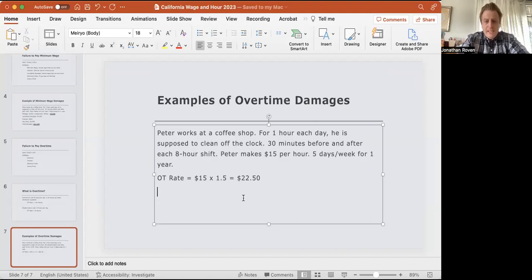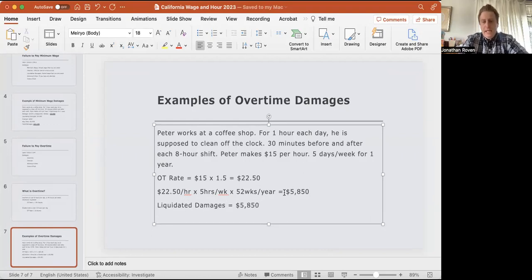Using that number, you're going to have your $22.50 per hour times 5 hours per week times 52 weeks per year. That is going to equal $5,850.